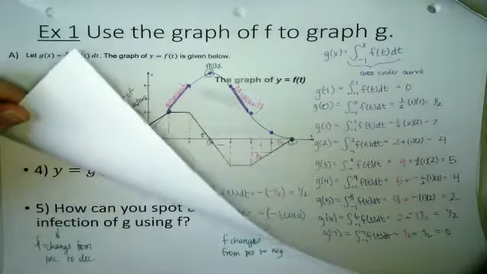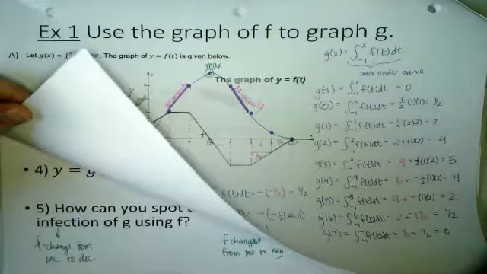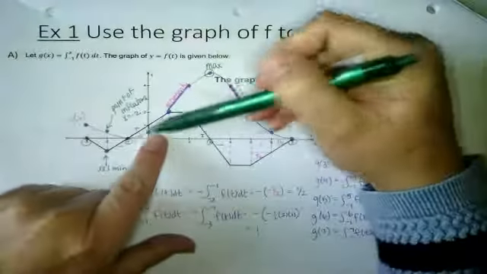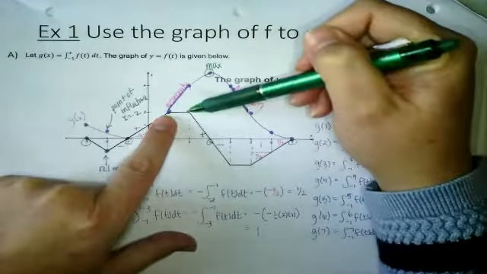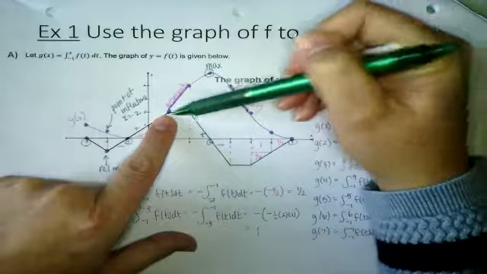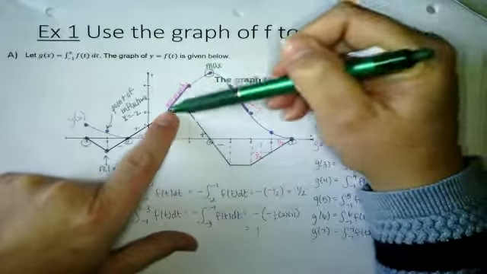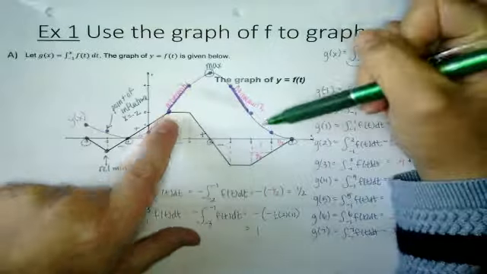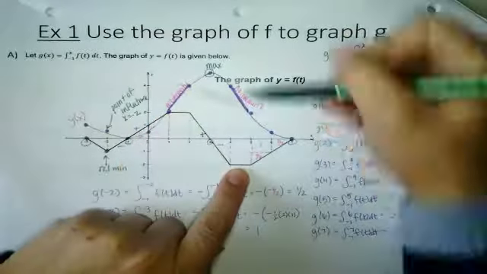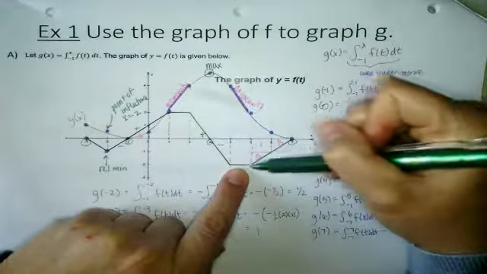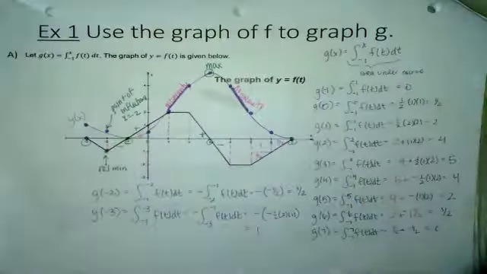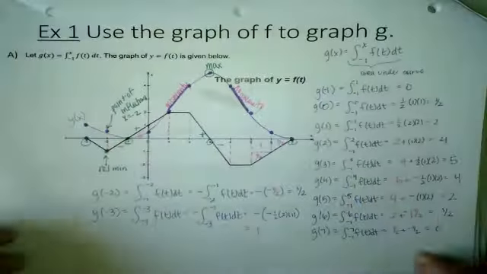If it changes from decreasing to increasing, that also would be a point of inflection. Now, here is where it's really interesting, because we're going from increasing to constant. That is not a point of inflection. So we knew that this had no concavity. It cannot have a point of inflection. And here again, we're changing from constant to increasing. So we're not going from decreasing to increasing. Not a point of inflection.